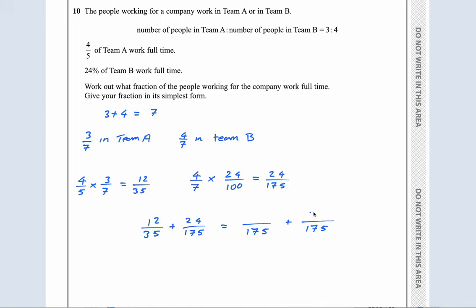This is 24, and then 35 times 5 gives me this, so 12 times 5 gives me 60. Add these together, I get 84 over 175. Now I can use my calculator to simplify that.